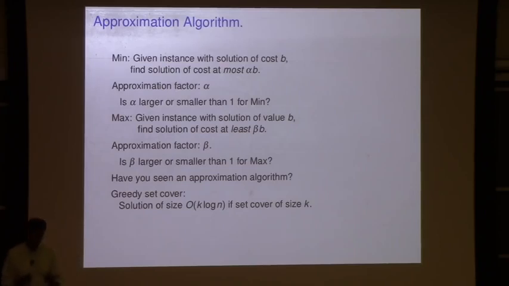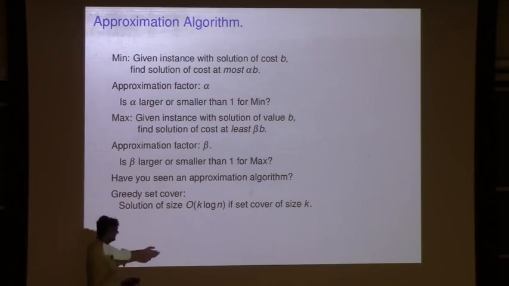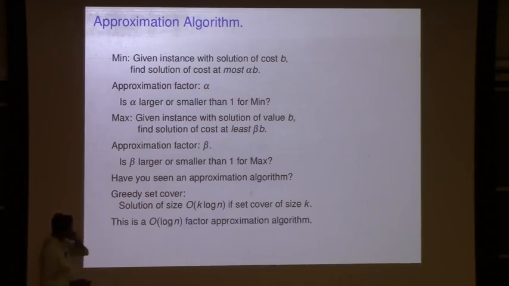It doesn't say that for some problems it can't do better, some instances it may just give you the right answer. But what an approximation algorithm means is you prove every instance you're going to do at least this well. I don't know whether this is well or not, but this is what we can prove. And this is an O of log n factor approximation algorithm.